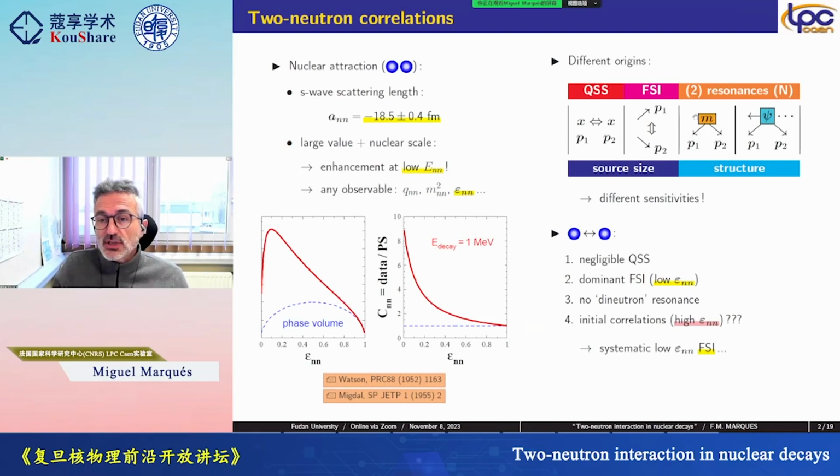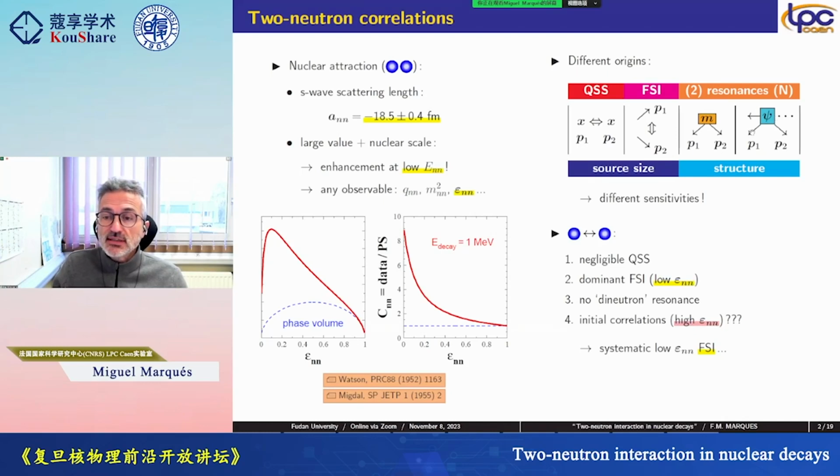Of course, there is no dineutron resonance, so there will be no dineutron that decays into two neutrons, so we don't care about this. And if the two neutrons are in a given complex initial state with initial correlations, then these initial correlations are not restricted to low energies. They could also manifest at high energies.